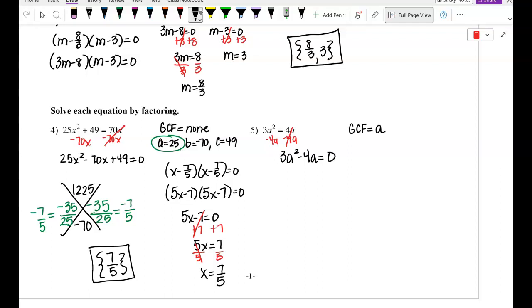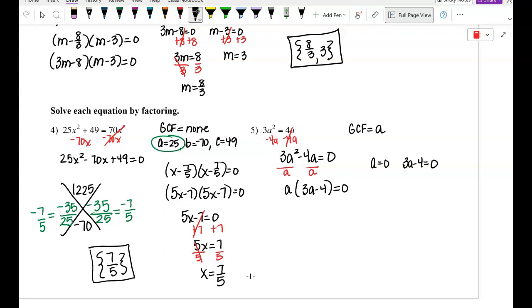Yeah, we can take an a out of each term. So we have a times the quantity 3a minus 4 equals 0. We already have our factors without having to go through the whole x method here. We have a equals 0 and 3a minus 4 equals 0.